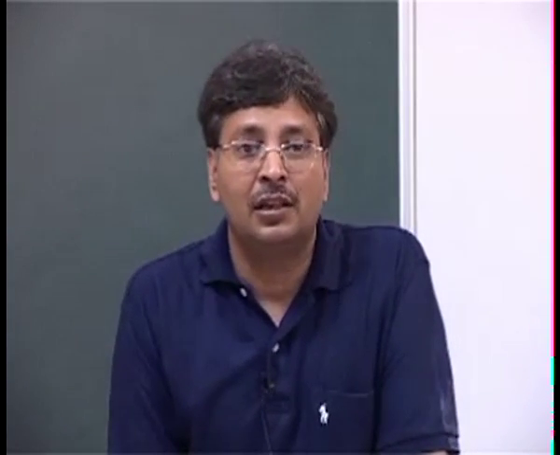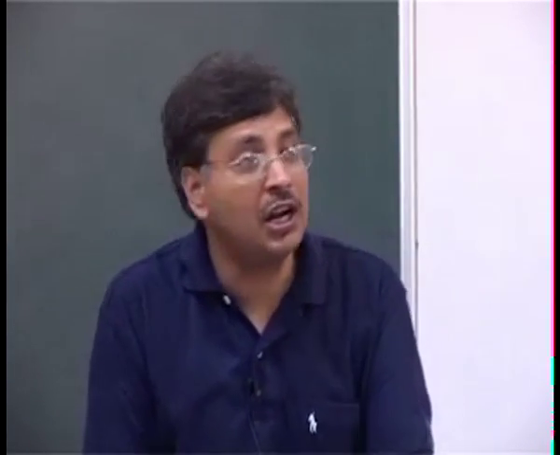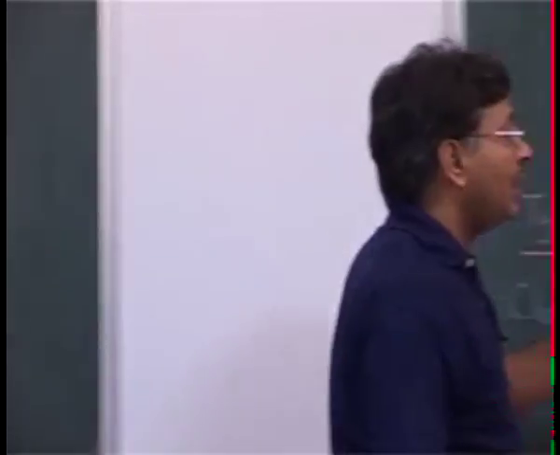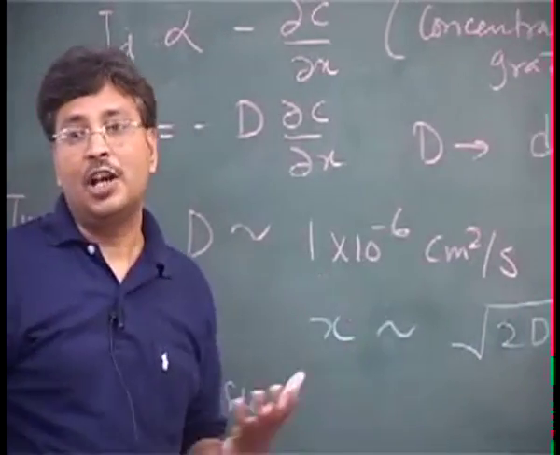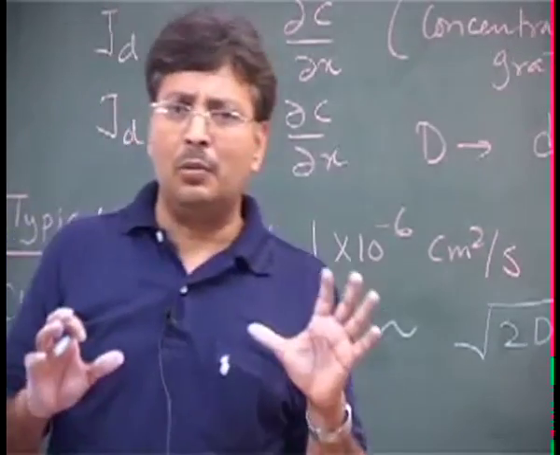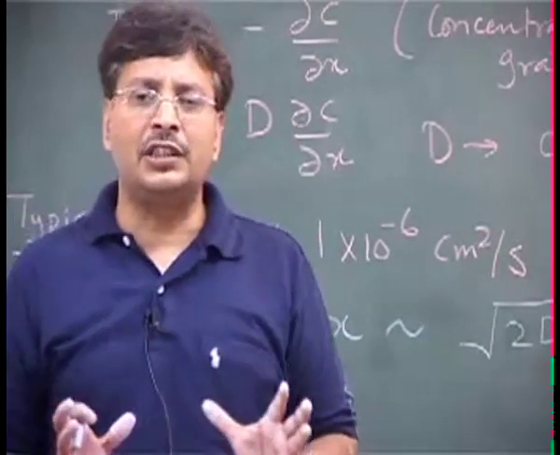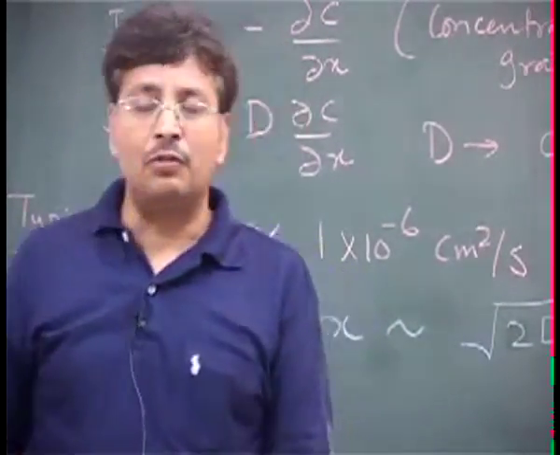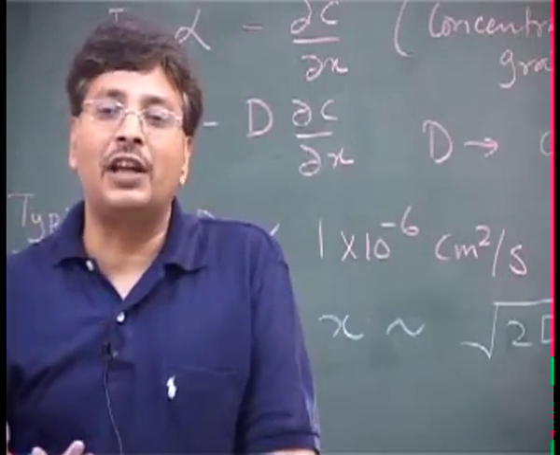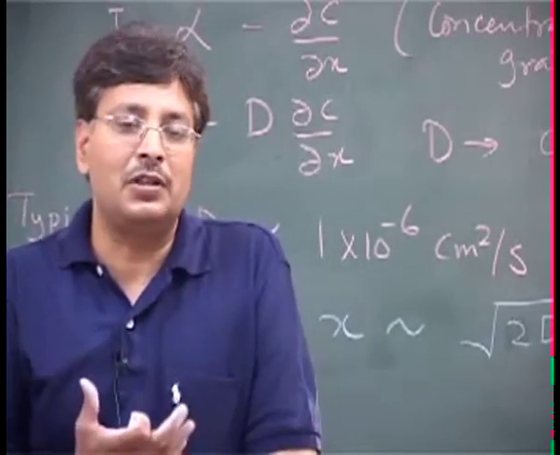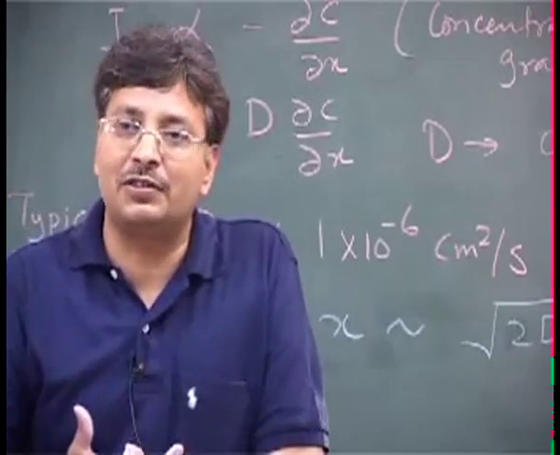Atmospheric stability. So you say here that D will be a function of atmospheric stability. Sometimes we want to learn things not in quantitative terms, but to get a qualitative feel.